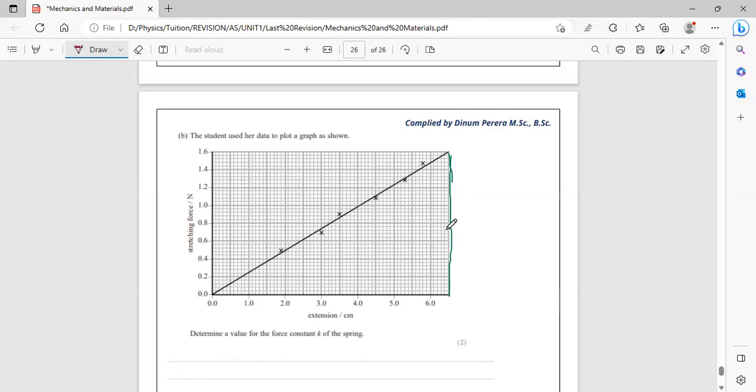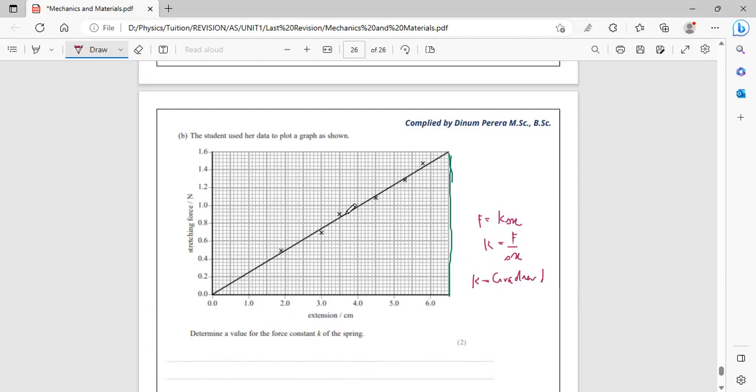Determine the value for k. We know F equals k delta x. So k is equal to force divided by delta x. Force divided by delta x is the gradient of the graph. So k is equal to the gradient, so we should find the gradient.